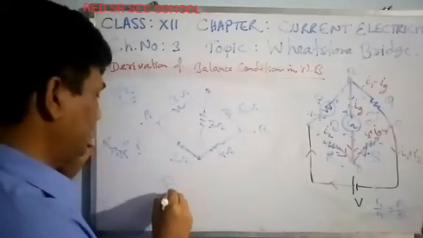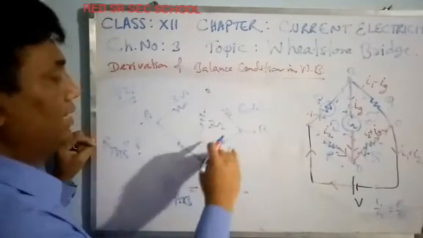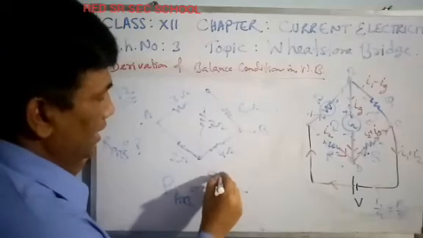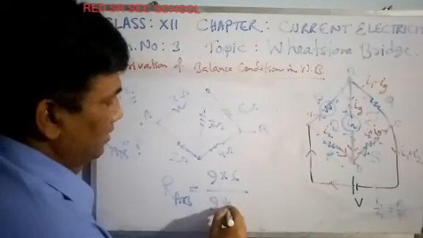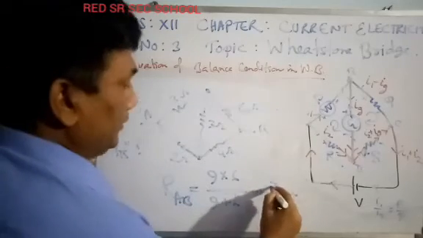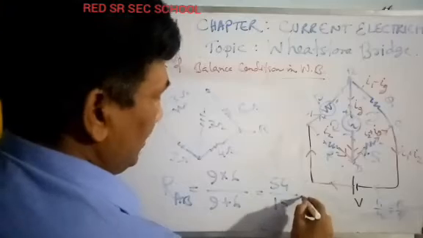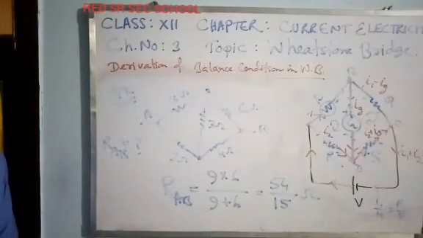So what is the resultant resistance? 9 ohm and 6 ohm are parallel. So 9 into 6 over 9 plus 6. This is the equivalent resistance of the network.